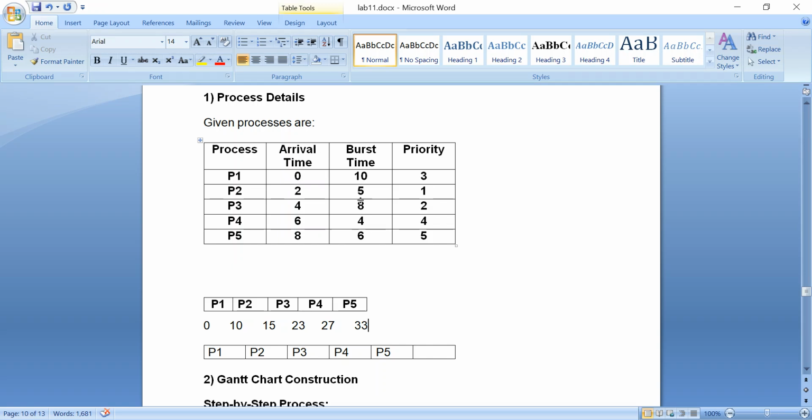If P2 had priority 5, then we would search for the next highest priority, for example P3, so we would execute P3 first. But this is a very simple example of non-preemptive priority scheduling.